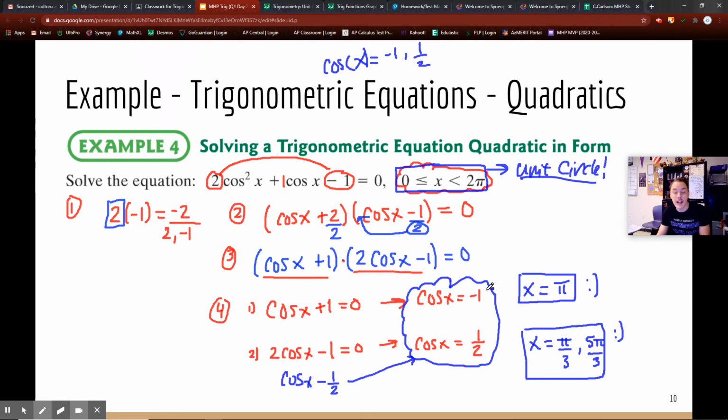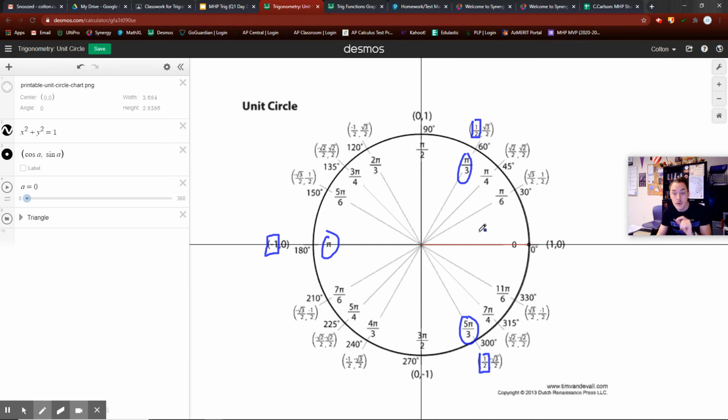You have one extra step left to do, and that's my 5th step, is to actually do the inverse. By the inverse, I mean look on the graph, look on your unit circle, because that's my interval, of where cosine, my x value, equals 1/2 and negative 1, boom, boom, and boom.